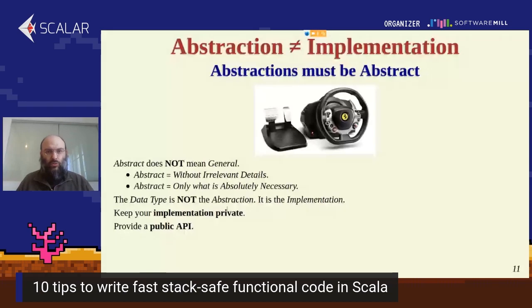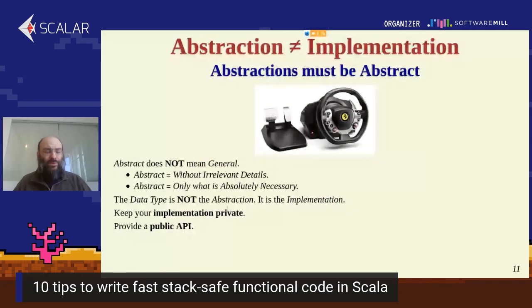Abstraction is like just a wheel, and there's something just behind. But what you want is a simple interface, having all the control you need, but not the dirty implementation stuff, like all the injectors or all the complex machinery of how the car is actually running.